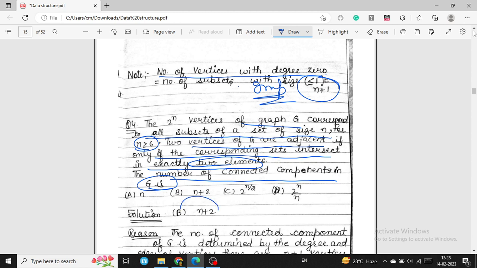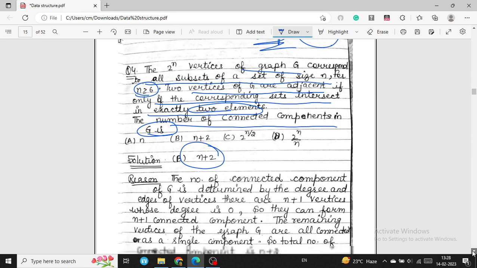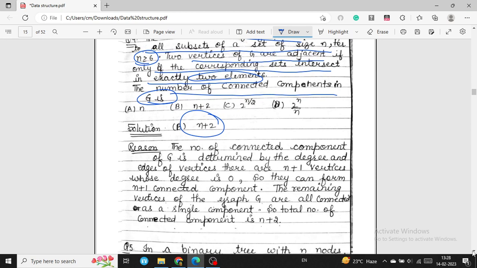Here we use the formula n plus 2, because we need at least 2 nodes for making a connection. The number of connected components of G is determined by the degrees and edges of vertices.